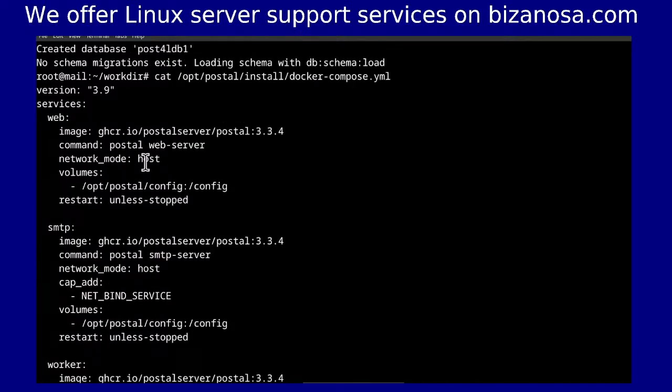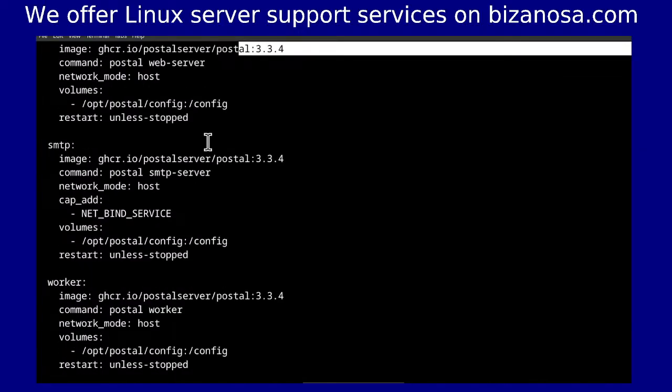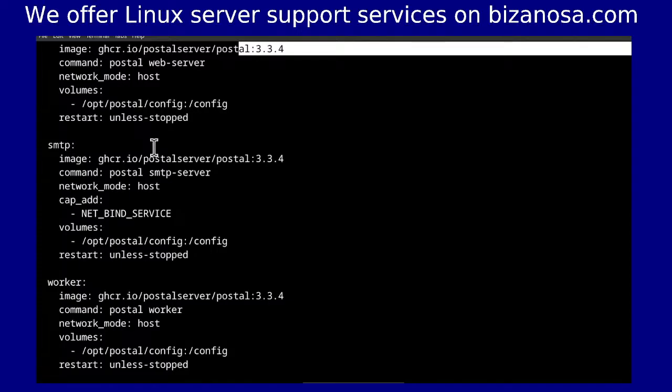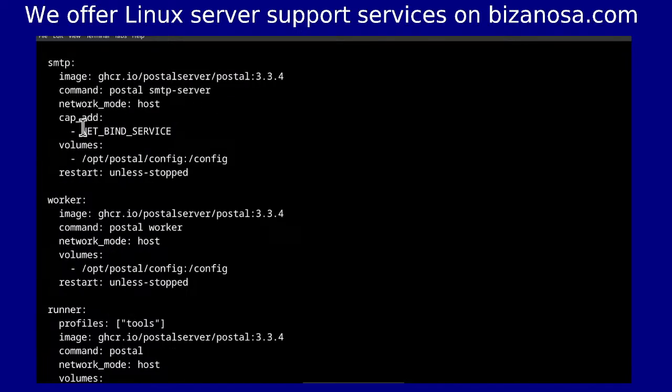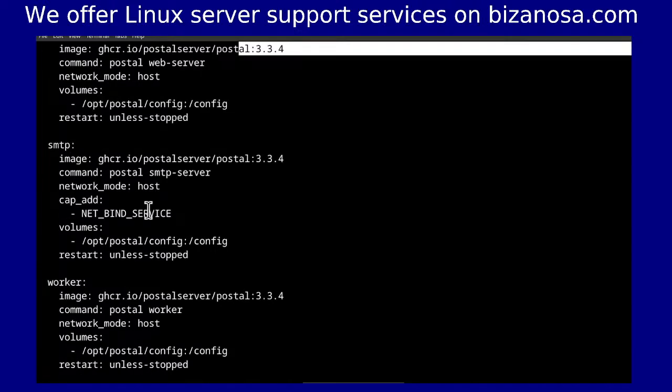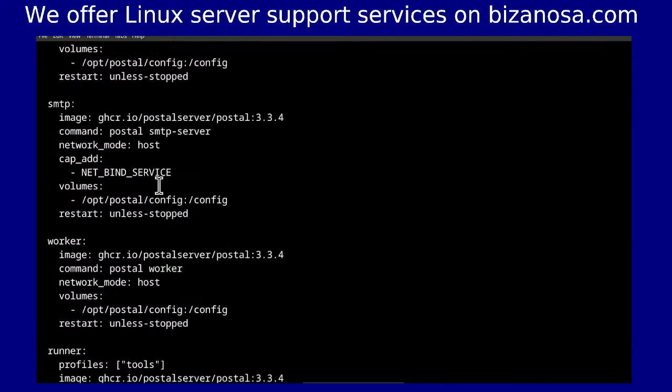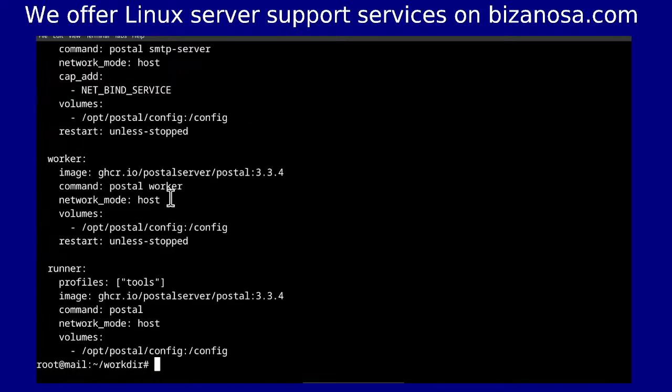You need various services. Web. This is a web interface, and that is the image for the web interface. The network mode is host. Volumes, SMTP. If there's anything you want to add here, you can always come in here and add. For instance, if you change the MariaDB database network, you might need to change it here, but it needs to work with the host so that it can get access to your IPs.